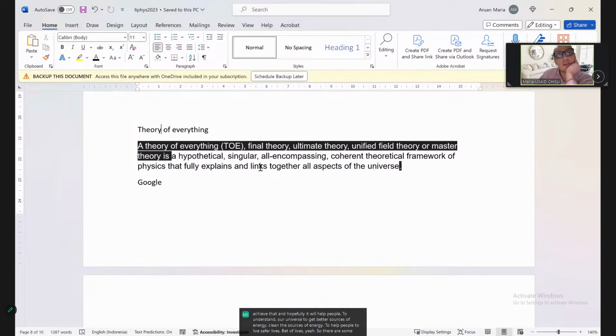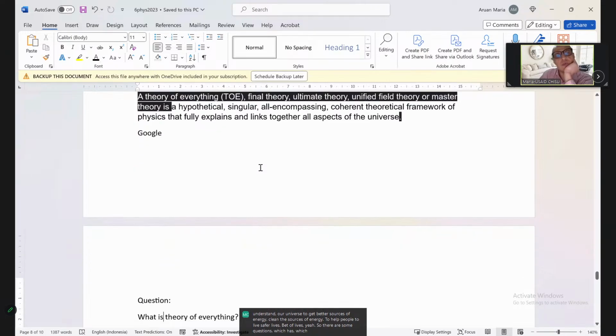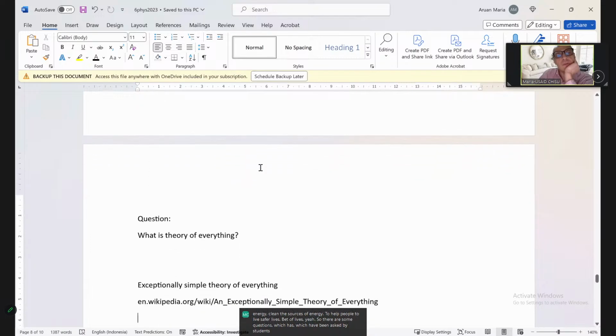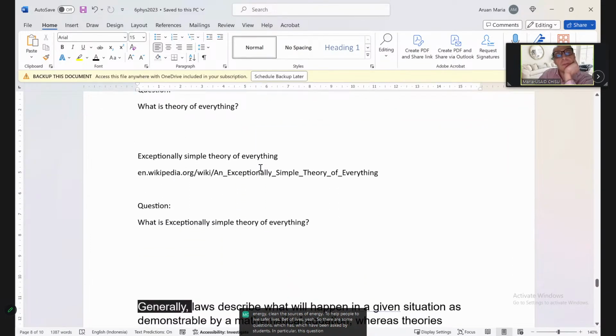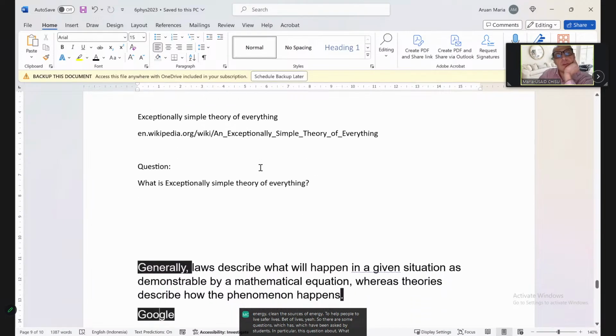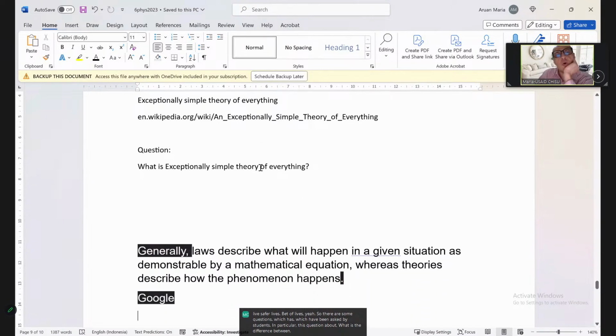So there are some questions which have been asked by students. In particular, this question: what is the difference between law and theory?